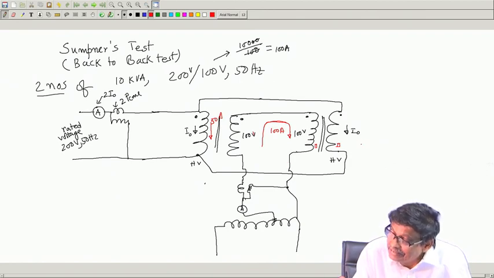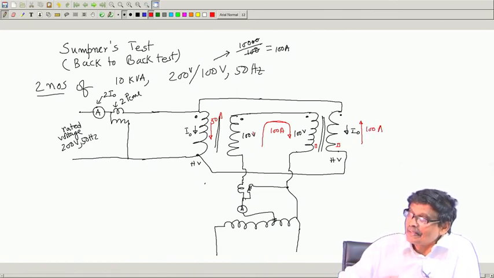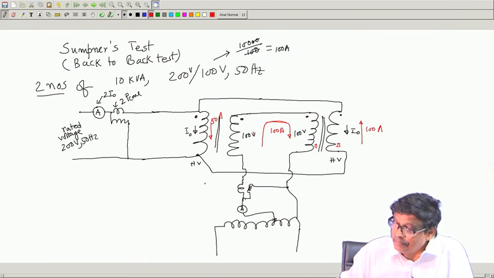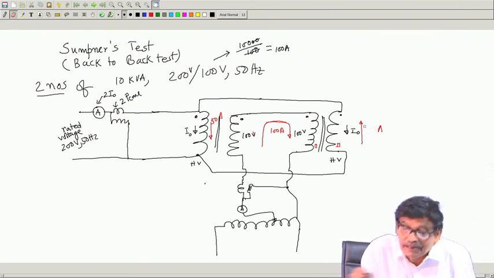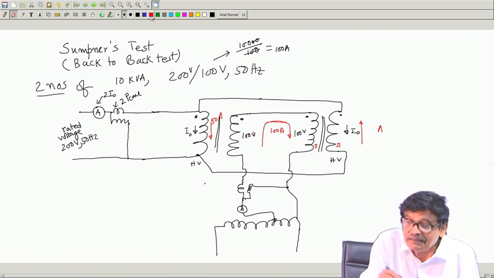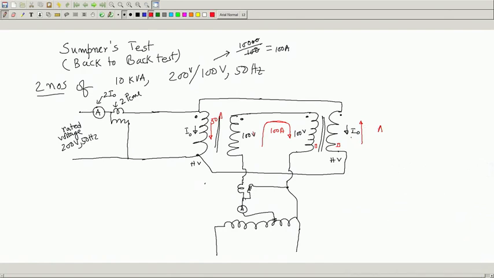Therefore, in this case through this dot 100 ampere must flow, as so called, is not 50 ampere, sorry, that is correct. So, 50 ampere must flow. Is not?